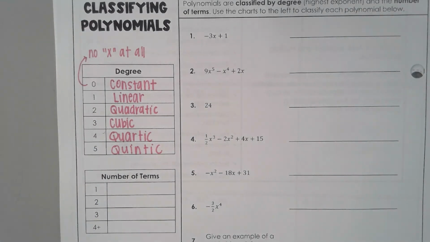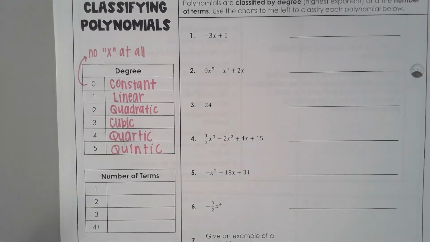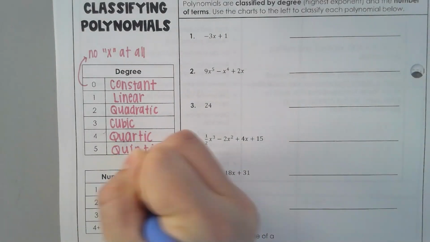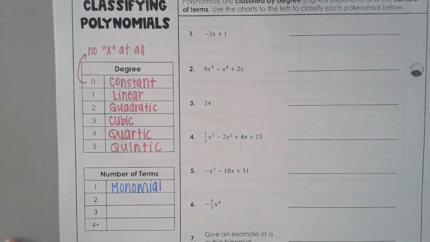The other thing we look at is the number of terms. When you have lots of things being added or subtracted, each thing is called a term. As we get to an example, we'll point this out. If the number of terms is 1, so if it's only one term, that is a monomial. You've probably heard that word before.